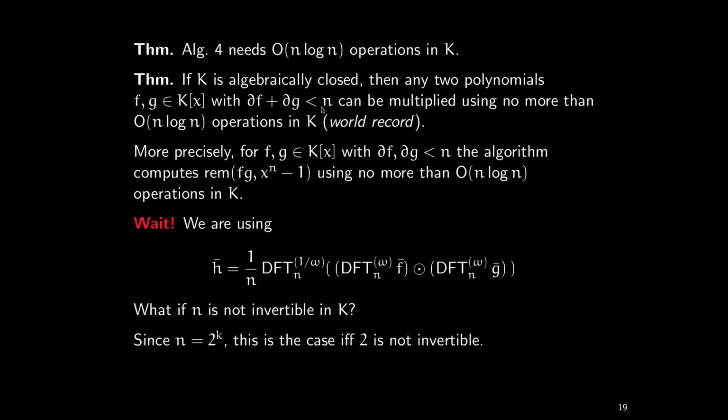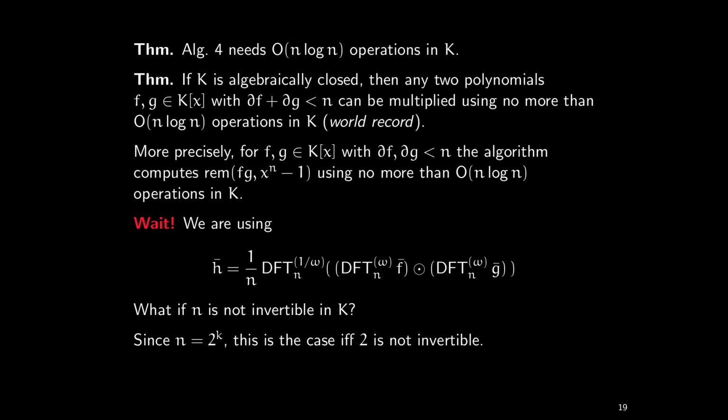I'm just padding the vectors with some zeros. This is no problem. But the problem is if 2 is not invertible. Because a power of 2 is of course invertible if and only if 2 is invertible. So it could be that I have an algebraically closed field of characteristic 2, and then I'm in trouble and I cannot do this.